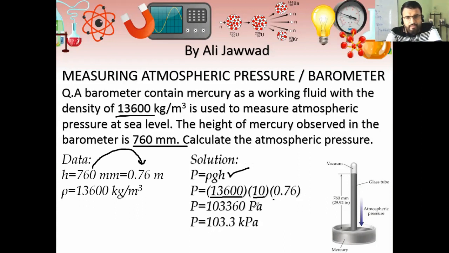And here we get 103,360 Pascal, or if we use the engineering notation and move the decimal 3 digits backward, it will become 103.3 kilopascal. So this pressure is equal to the pressure of gases being exerted from the surroundings on this mercury.